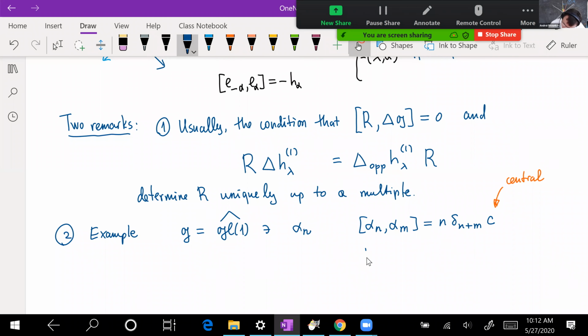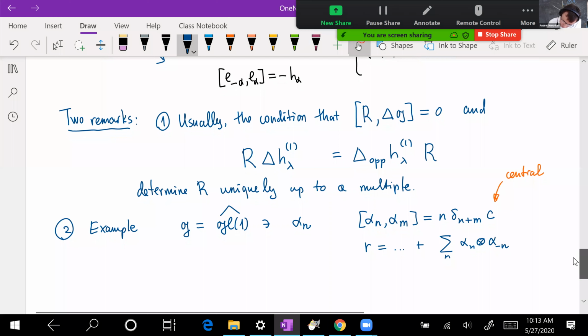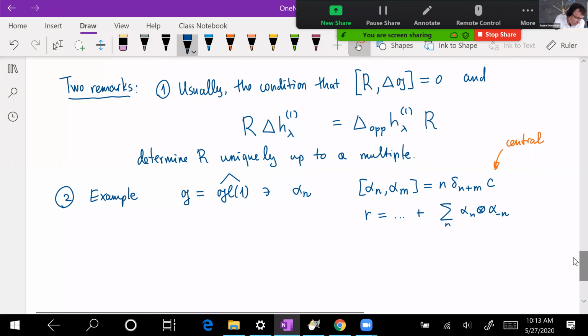And the R matrix has the form: there's some diagonal part plus a summation over n of alpha_n times alpha_{-n}.